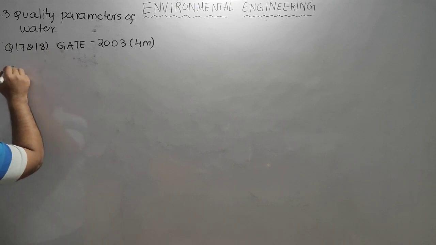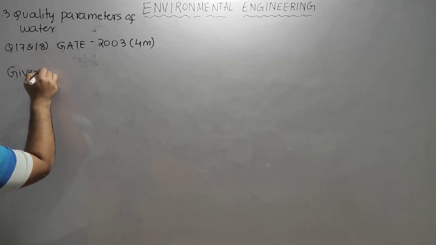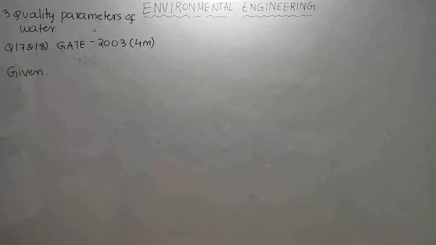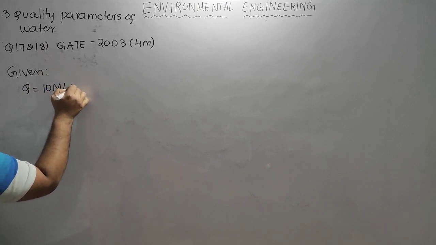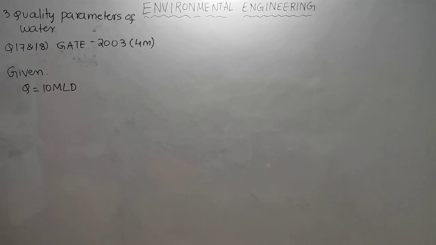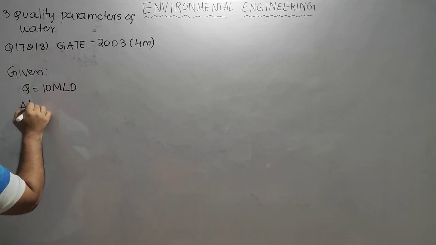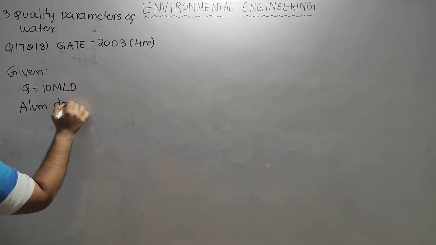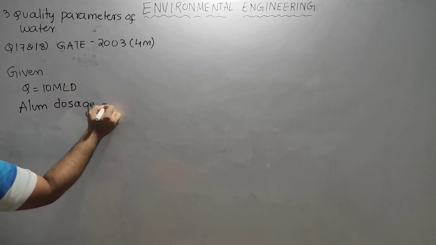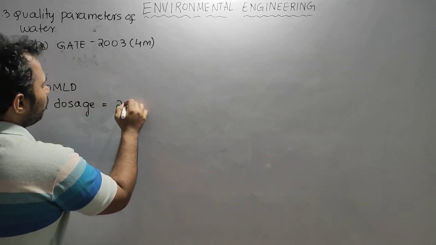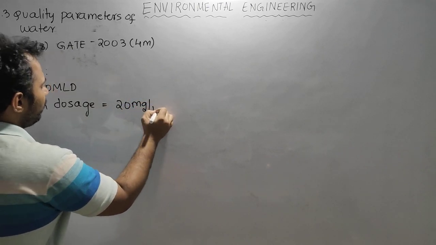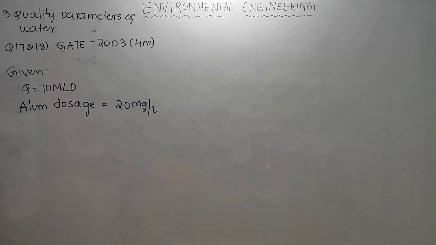So what is the given data? The quantity of water treated, Q is equal to 10 MLD. This much water is being treated in the treatment plant. The alum dosage is 20 mg per liter.